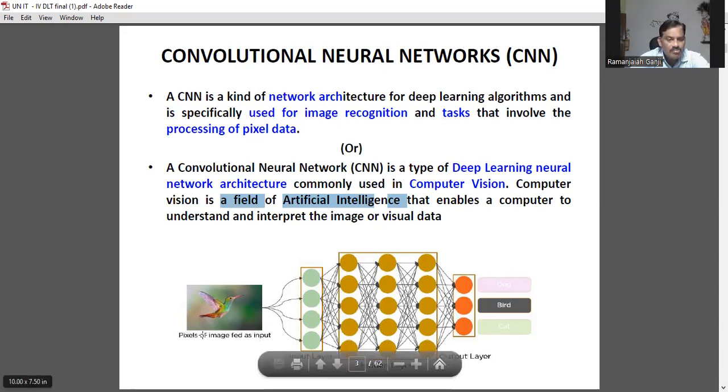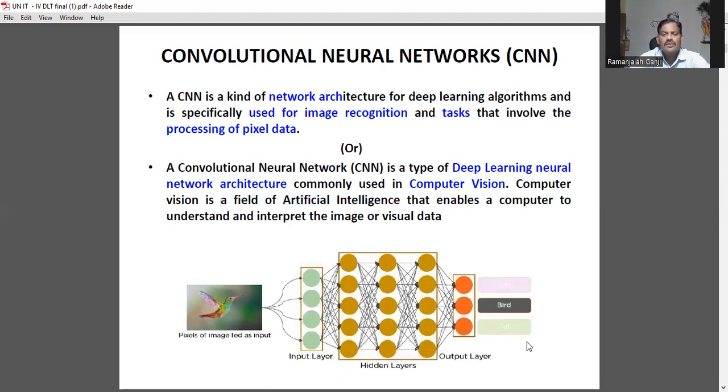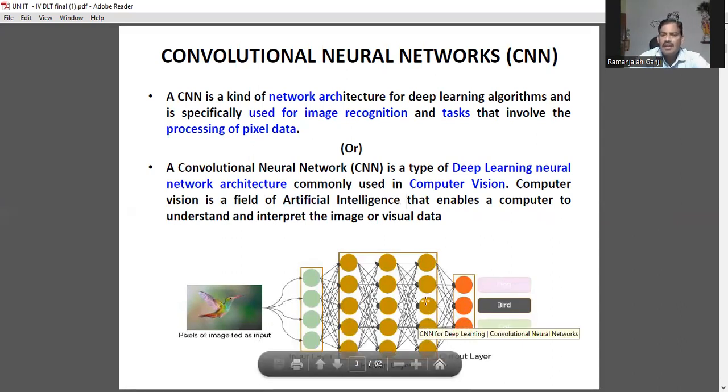For example, pixels of images are fed as input to the machine, where we have an input layer. The input layer is connected with a number of hidden layers, and then in the output layer we can have dog, bird, cat, etc. Here our target is to identify that this particular picture is a bird.